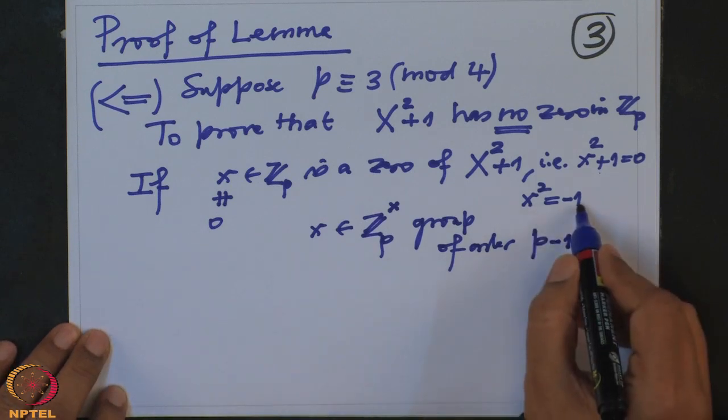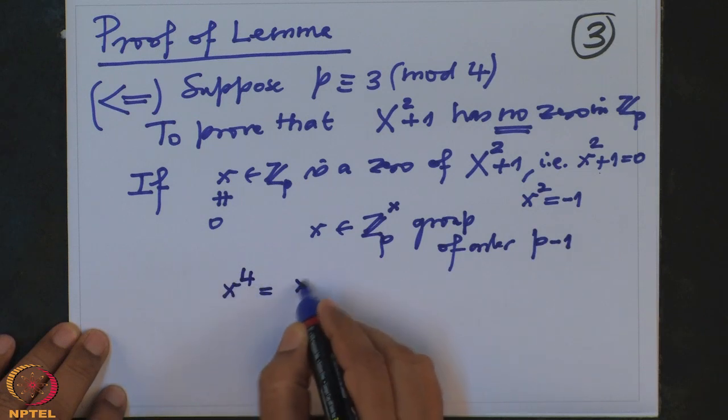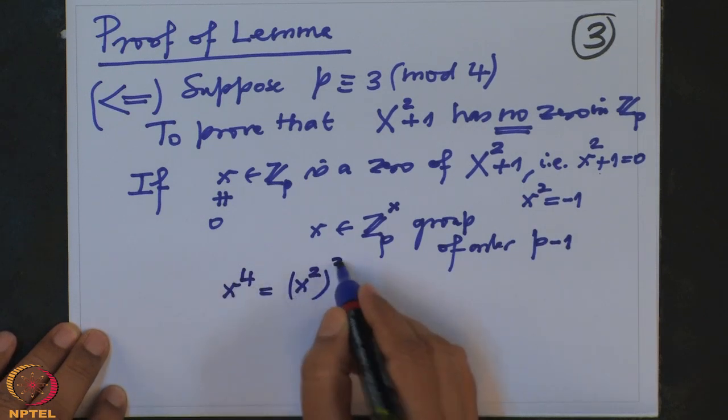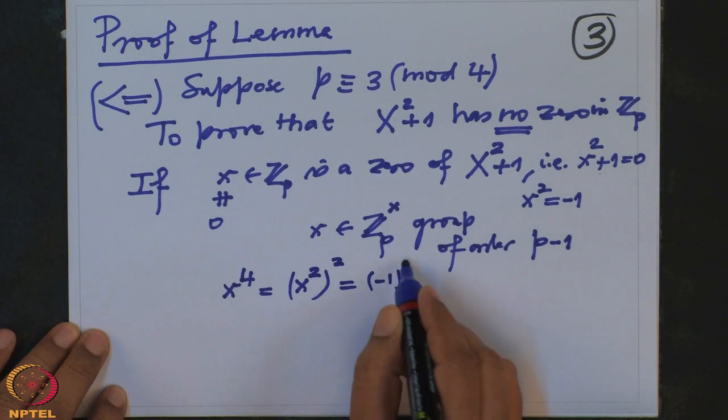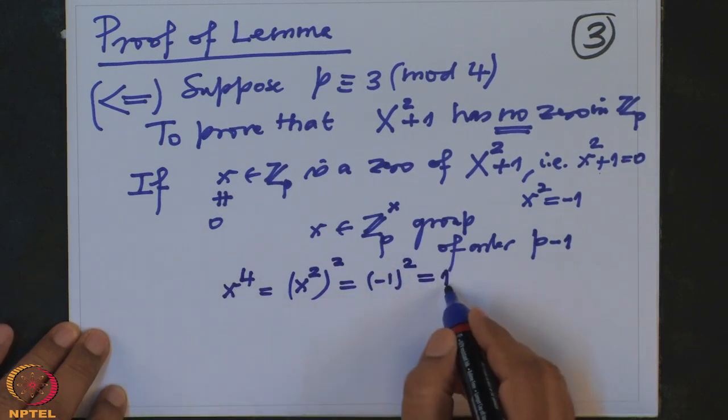and x is one element there, such that x square is equal to minus 1. So therefore x to the 4 will be equal to x square squared, but x square is minus 1 and minus 1 square is 1. So x power 4 is 1.